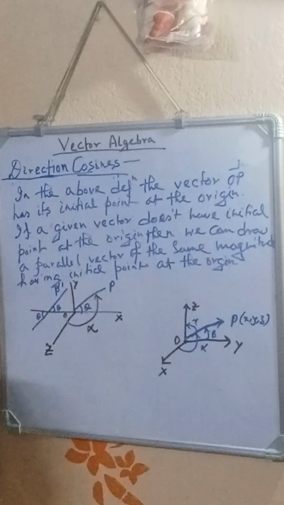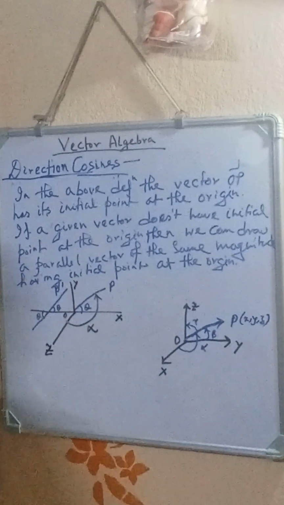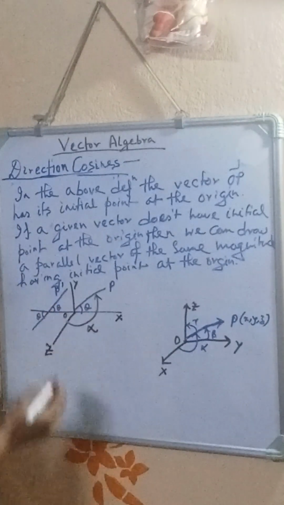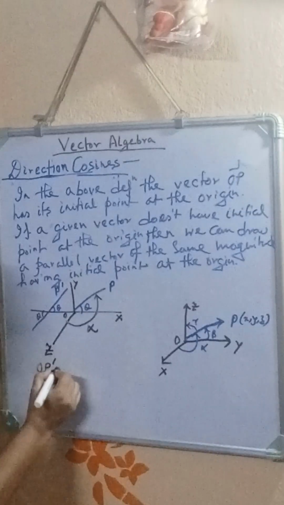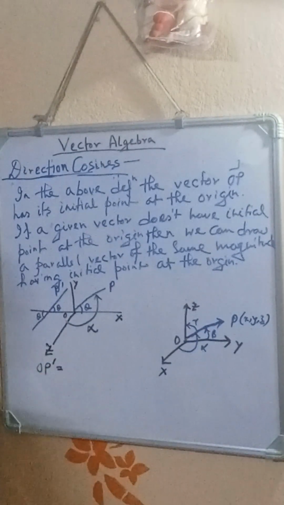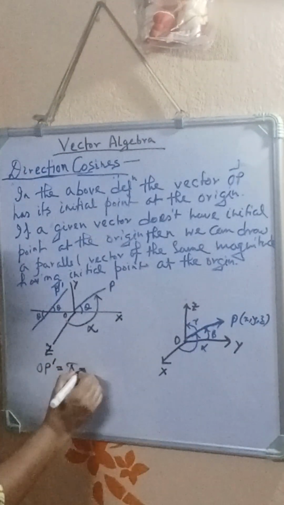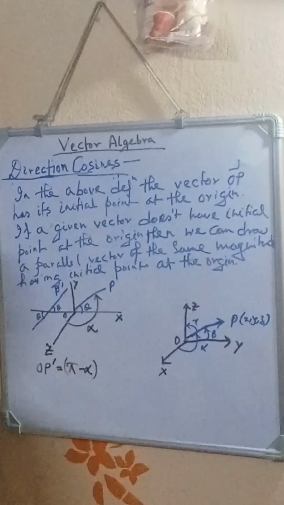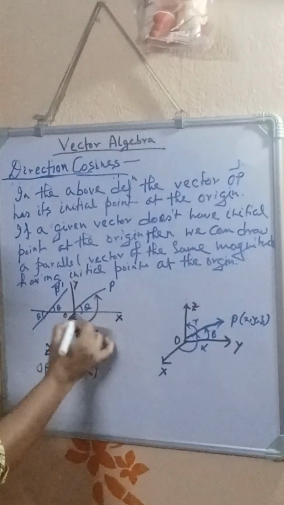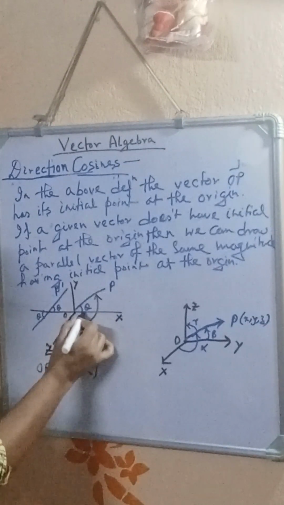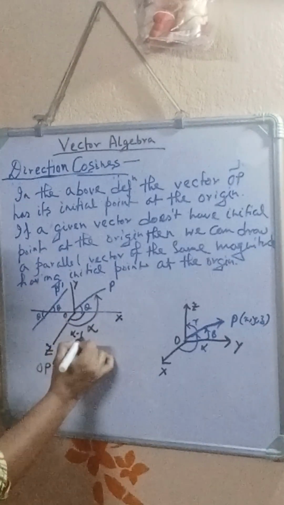Then the direction cosine of this vector OP dash will be the same as that of OP. This is alpha, then this angle will be alpha minus theta.